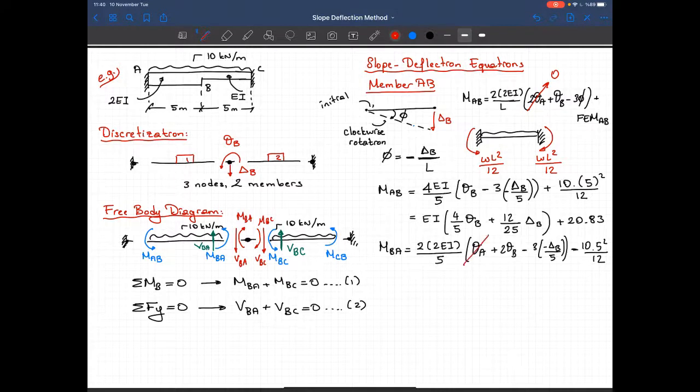Again, we know that theta A is equal to 0, and my M_BA equation is as follows. M_BA is equal to EI times (8 over 5 theta B plus 12 over 25 delta B) minus 20.83. So these are the slope deflection equations for member AB.